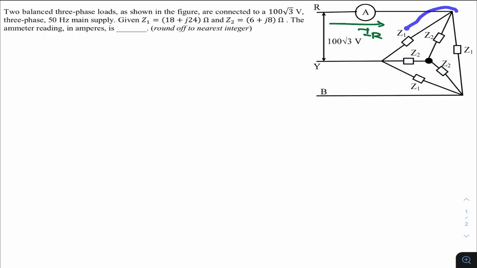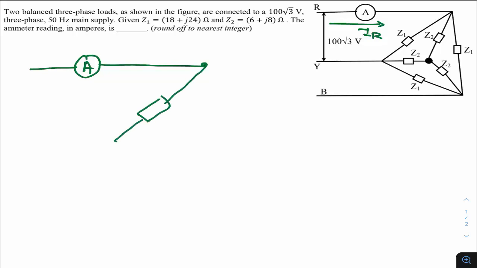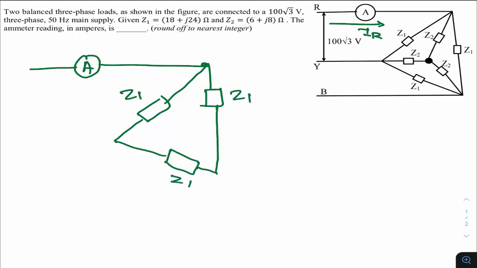So let me draw the corresponding equivalent model and how it will look. This is the R line, and this is my ammeter. The outer delta I'm keeping as it is. This is Z1, this is Z1, this is Z1.